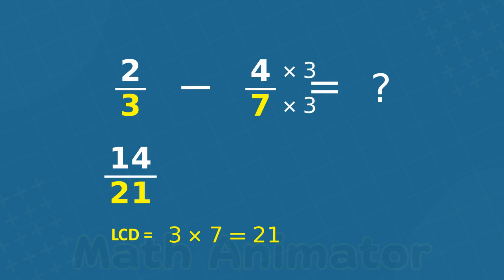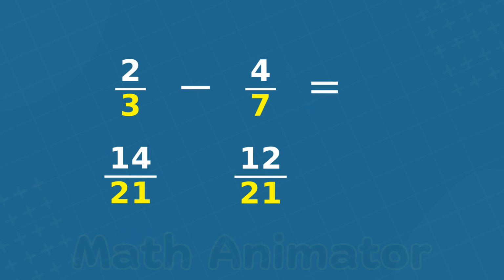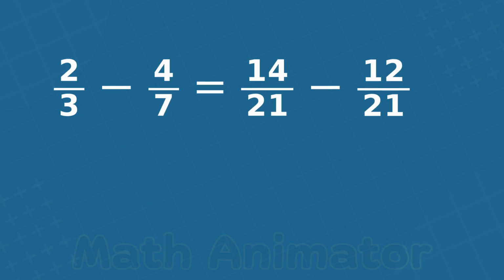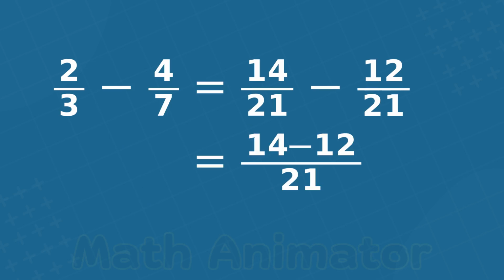And the second fraction becomes 12/21. Finally, we can subtract the fractions as we did before. With the same denominators, we can subtract the numerators to find the difference, which is 2/21.